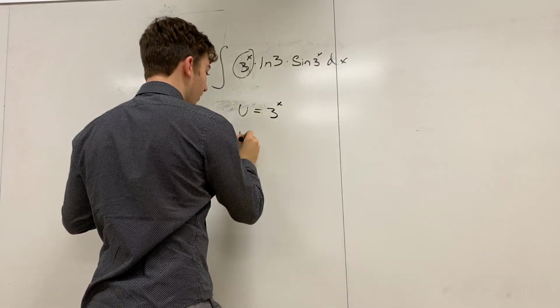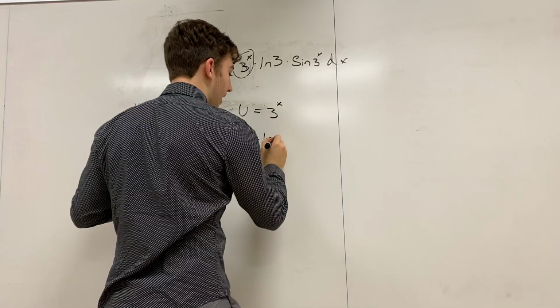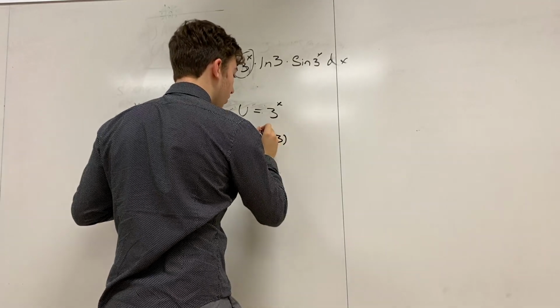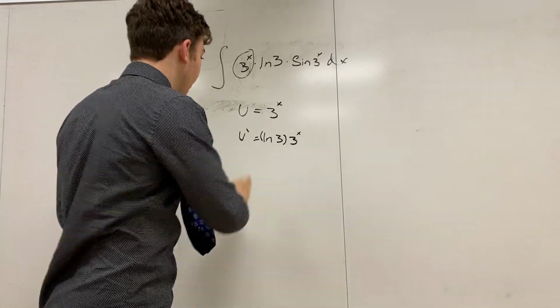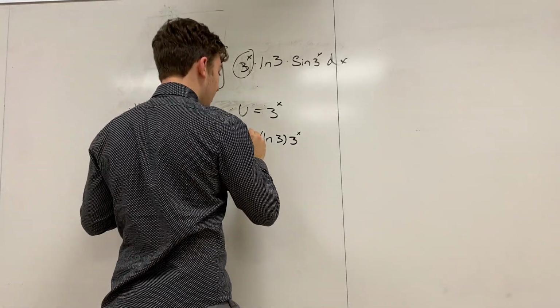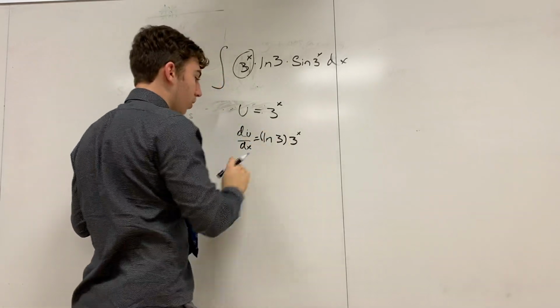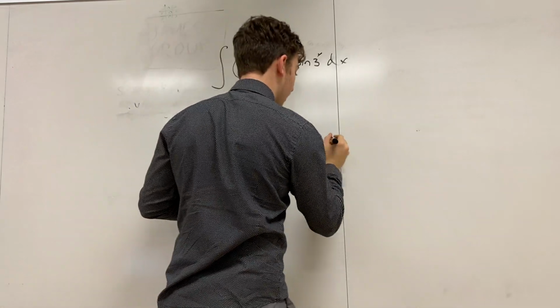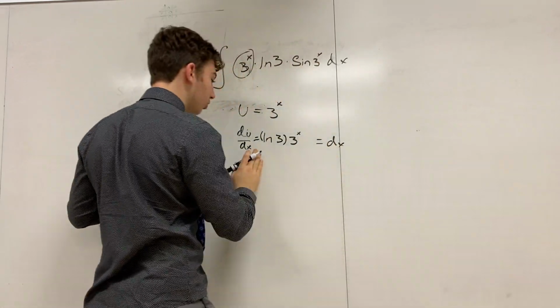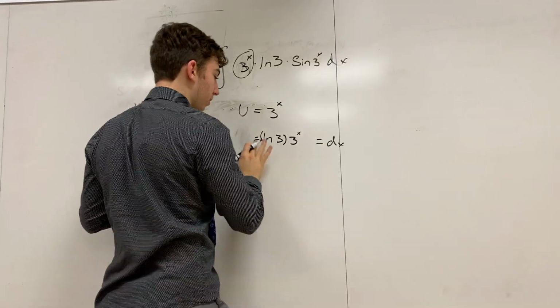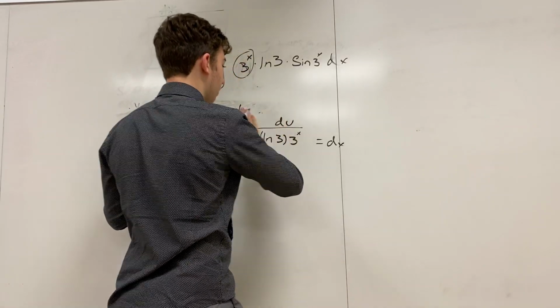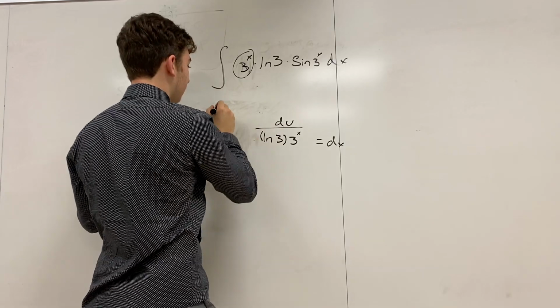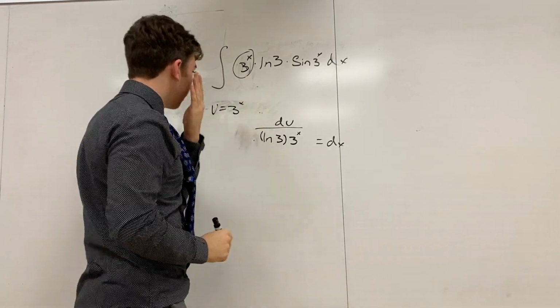If we take the derivative of this, that's going to be the ln of 3 multiplied by 3 to the power of x. So that's going to be du dx. If we rearrange this, we're going to say that dx equals du divided by that, and then that's just u equals 3 to the x.